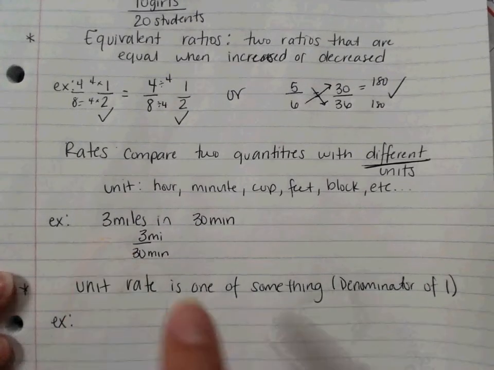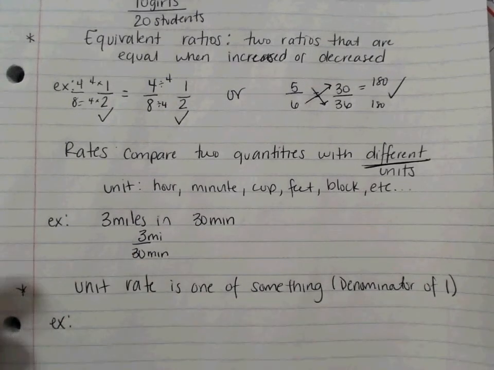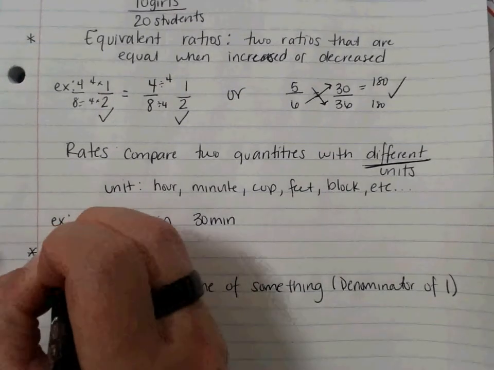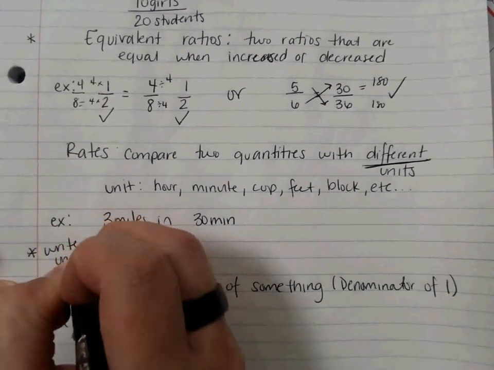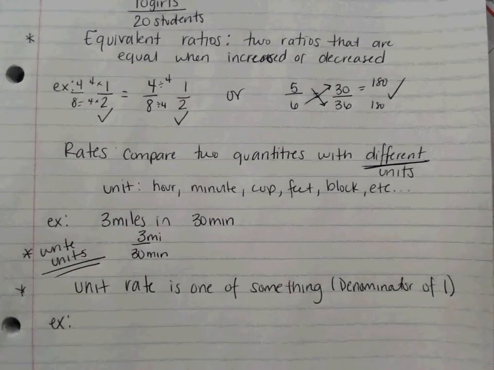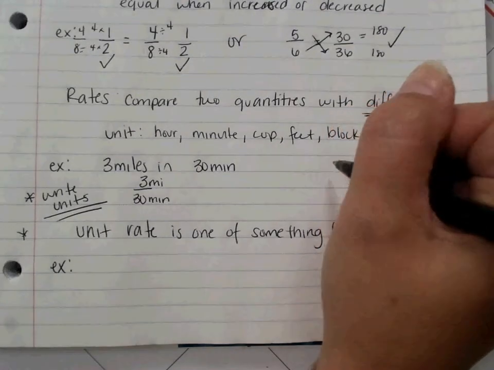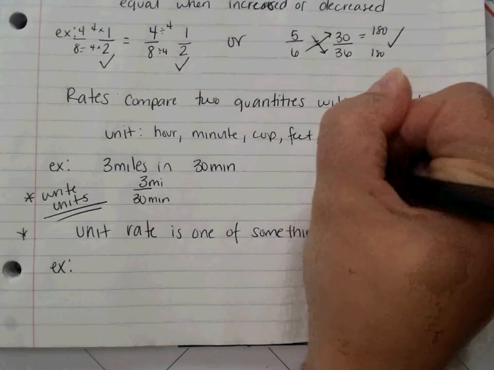So when you're talking about a rate, you are comparing what you have. I'm going to write units over here, because it's very important so you don't get lost, you don't get confused, and you know exactly what it is you're looking for.